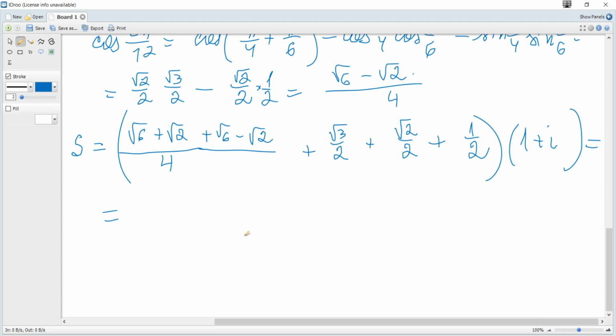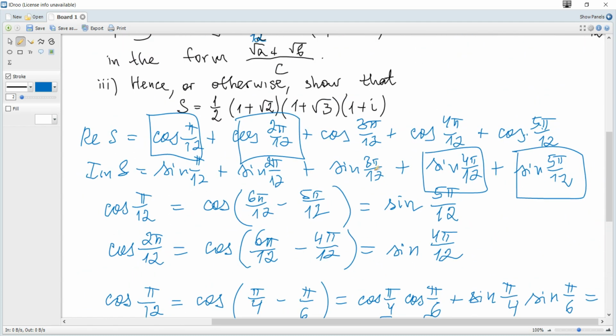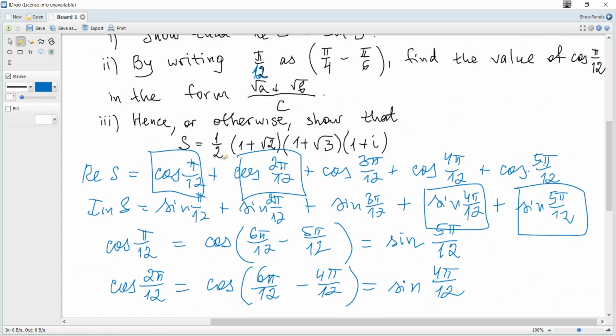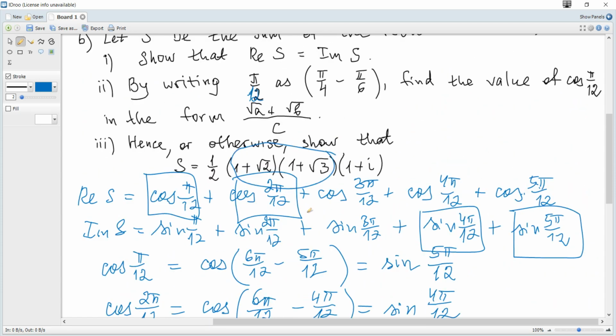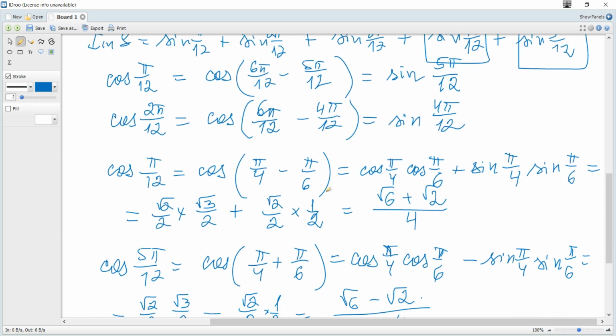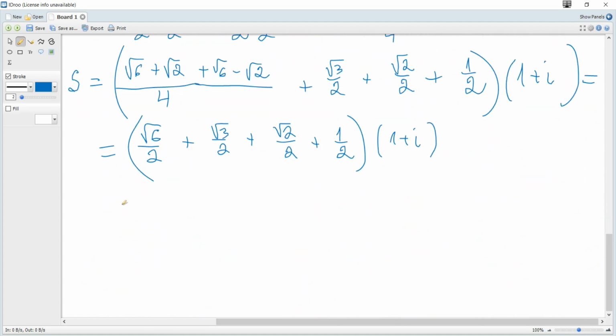It becomes, we can see that it cancels, 2 times root 6 divided by 4, which is root 6 over 2, plus root 3 over 2 plus root 2 over 2 plus a half, multiplied by 1 plus i. And what do we need? Actually, we can expand this and show that it is equal to this, or we can do the following.